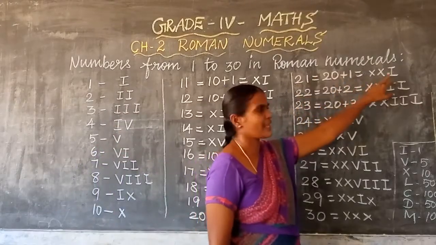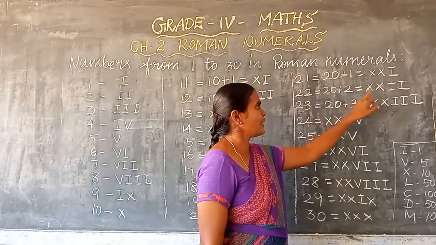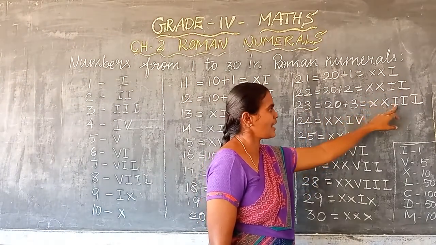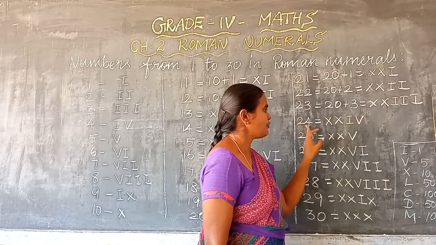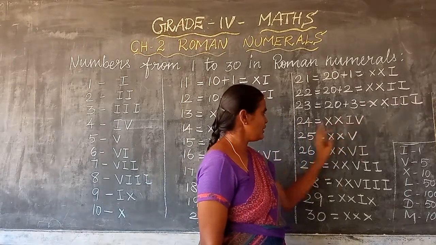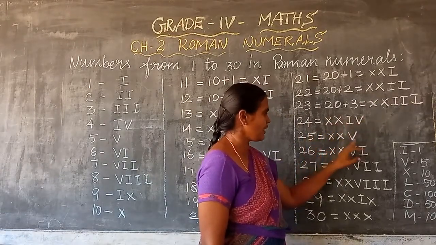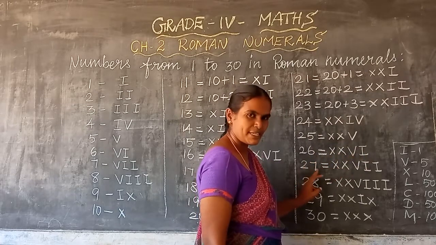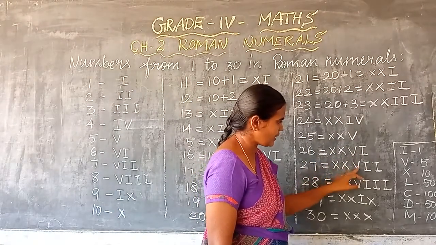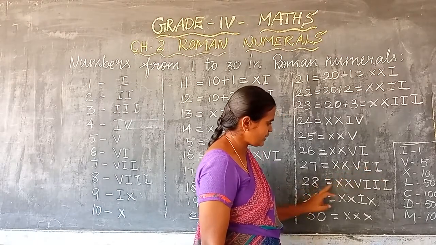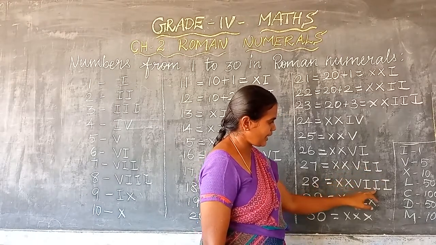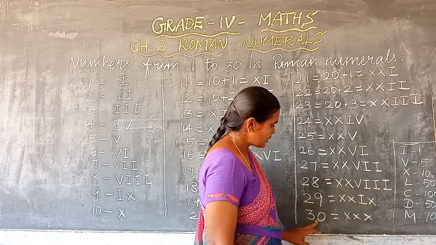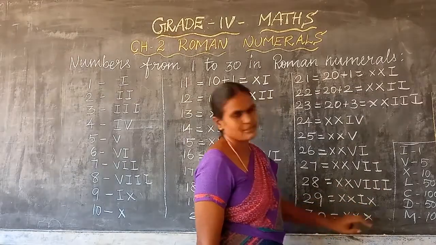21 is XXI. 22 is XXII. 23 is XXIII. 24 is XXIV. 25 is XXV. 26 is XXVI. 27 is XXVII. 28 is XXVIII. 29 is XXIX. 30 is XXX.